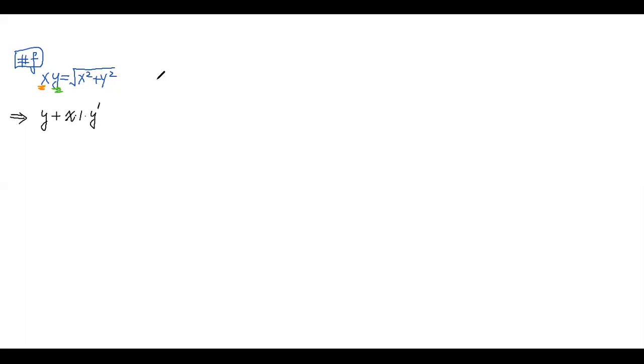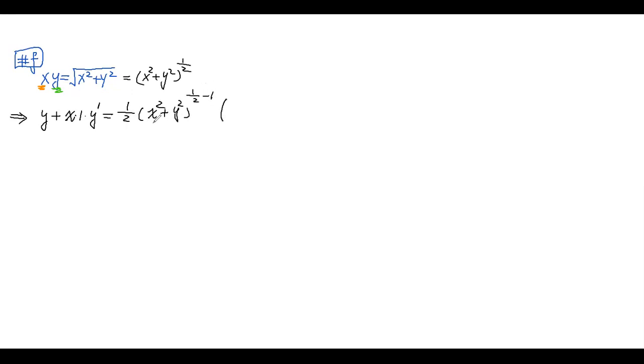Now on the right side, this is really x squared plus y squared to the one half, right? Now I'm going to use the power rule, bring the 1/2 out. So this will be x squared plus y squared to the 1/2 minus 1.